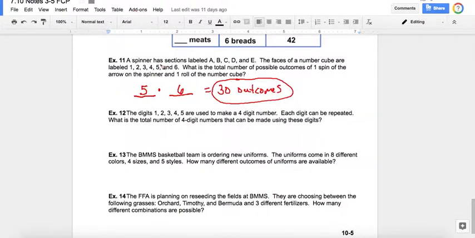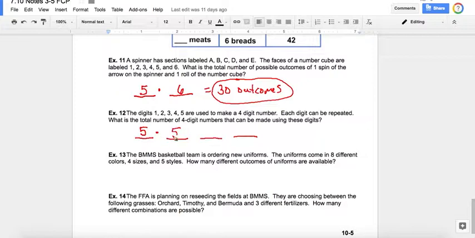Okay, looking at the next example. The digits 1, 2, 3, 4, 5 are used to make a 4-digit number. Each digit can be repeated. What is the total number of 4-digit numbers that can be made using these digits? So we're creating a 4-digit number. How many blanks do we need? That's correct, we need 4 blanks. And how many digits are there? 5. And they said that each digit can be repeated.